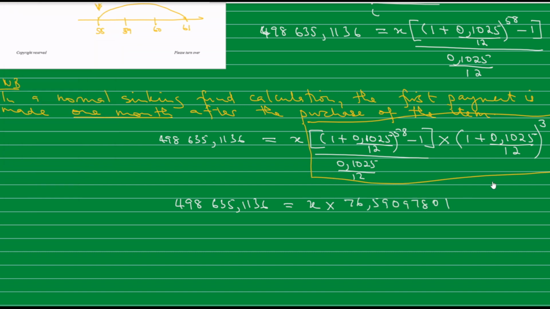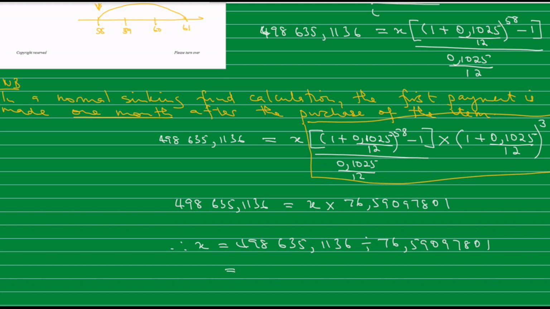So this value is multiplying x. To get x, I have to divide by that value. So x is equal to 498,635.1136 divided by that value, 76.59097801.